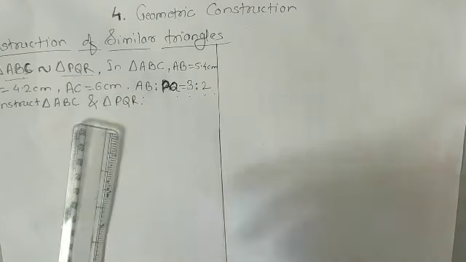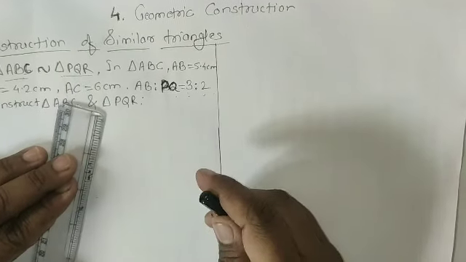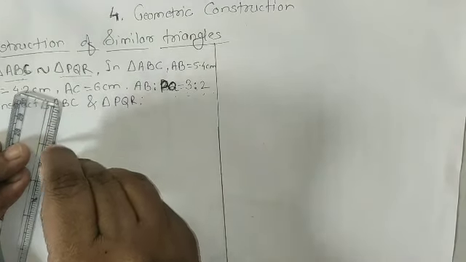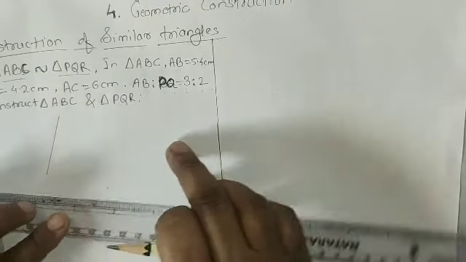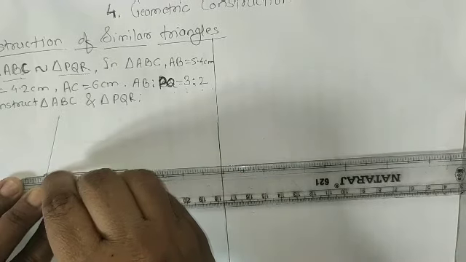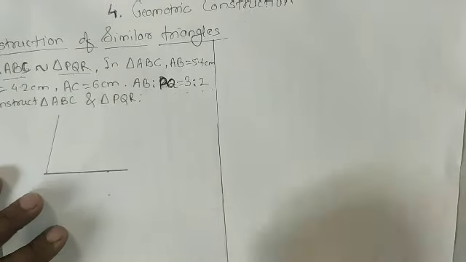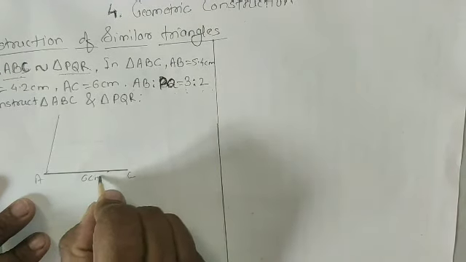So as per the information we will draw the rough figure at first. Triangle ABC is greater than triangle PQR, that we have to draw here. Which side is greater here? AC is greater. So we will draw AC, which is greater. This is our AC, its measure is 6 centimeter.